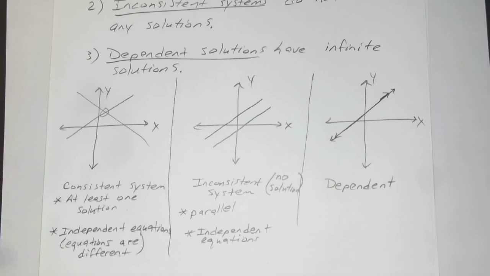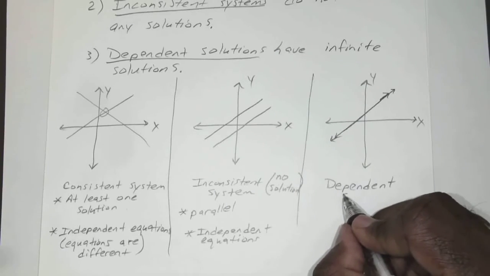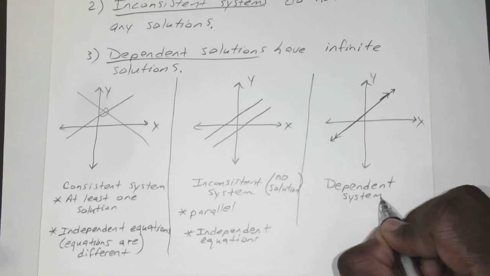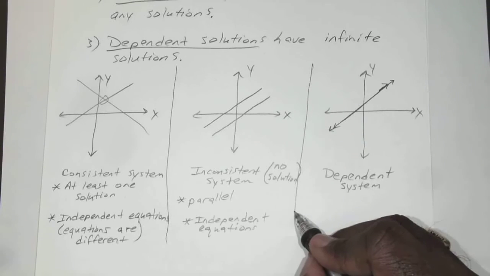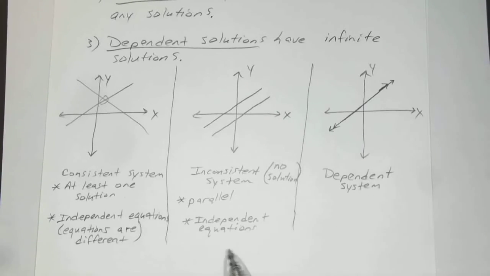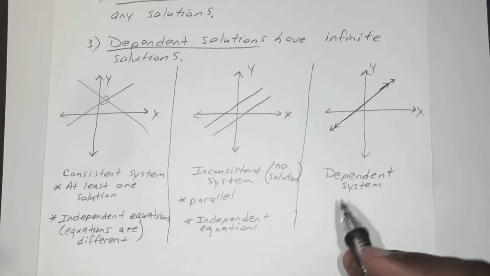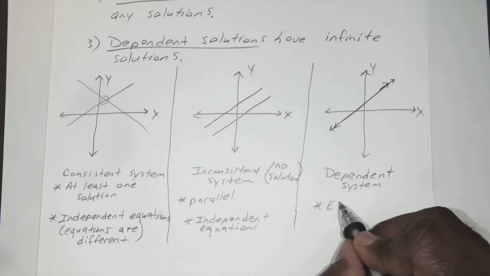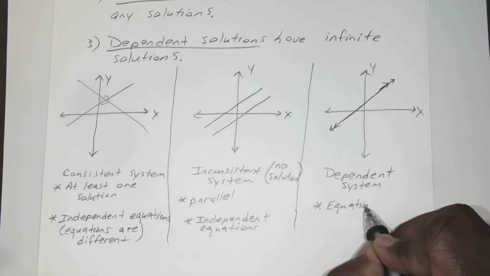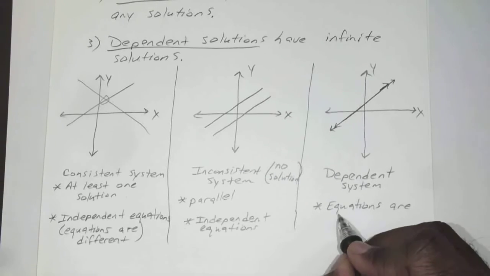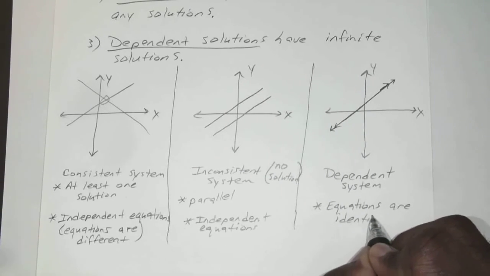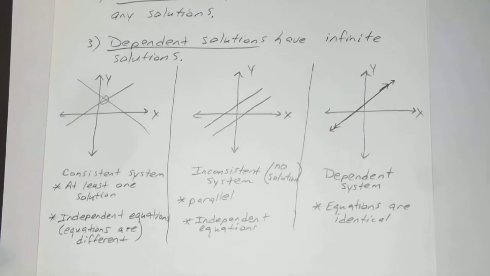That's how you know you have a dependent system. Here the equations are different, and here the equations are identical. It's just little things that make them look different.